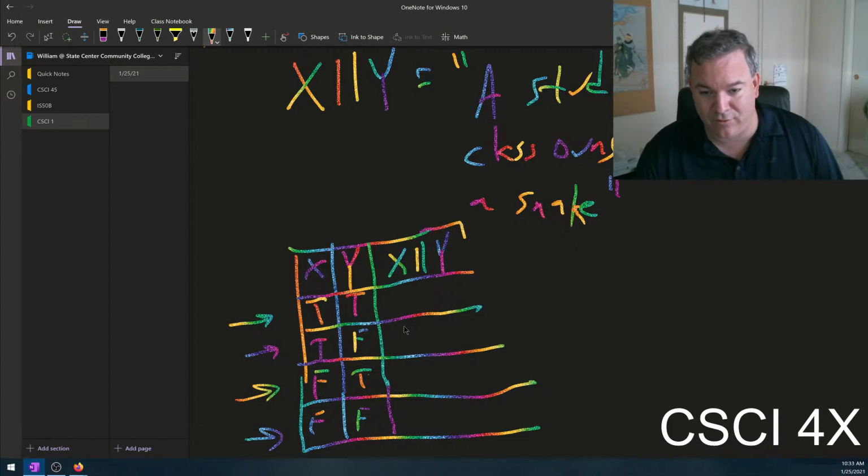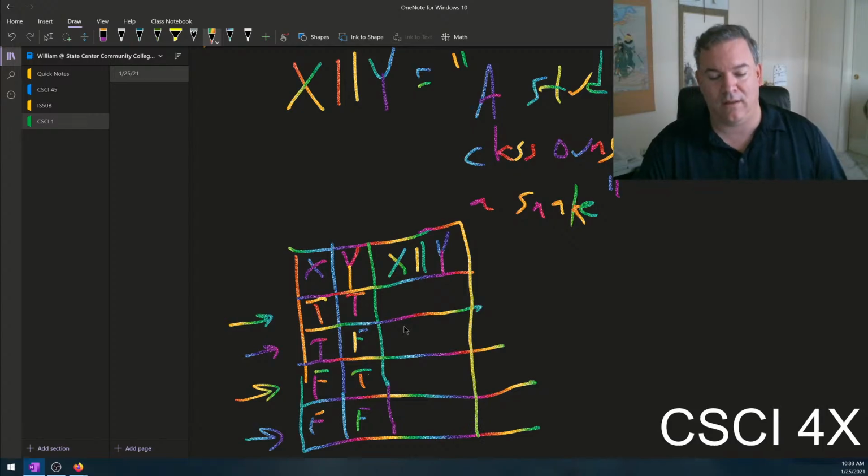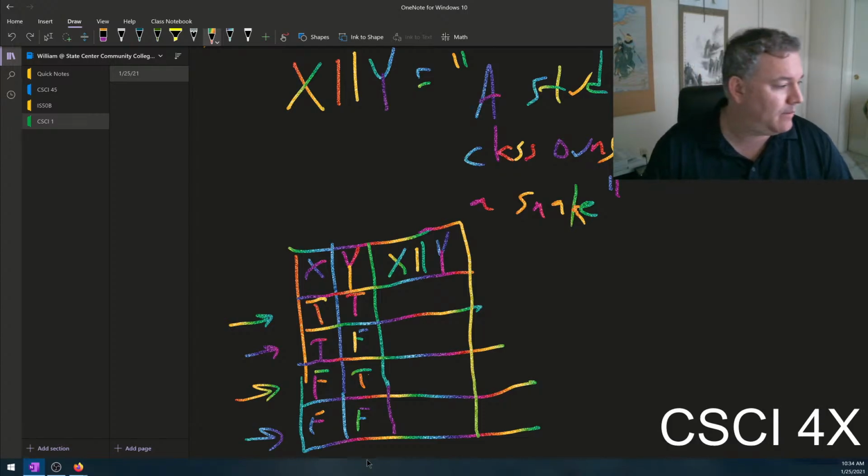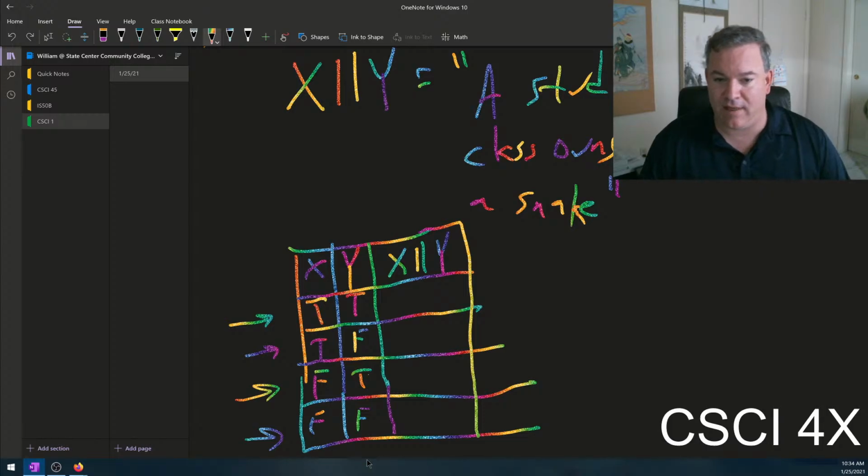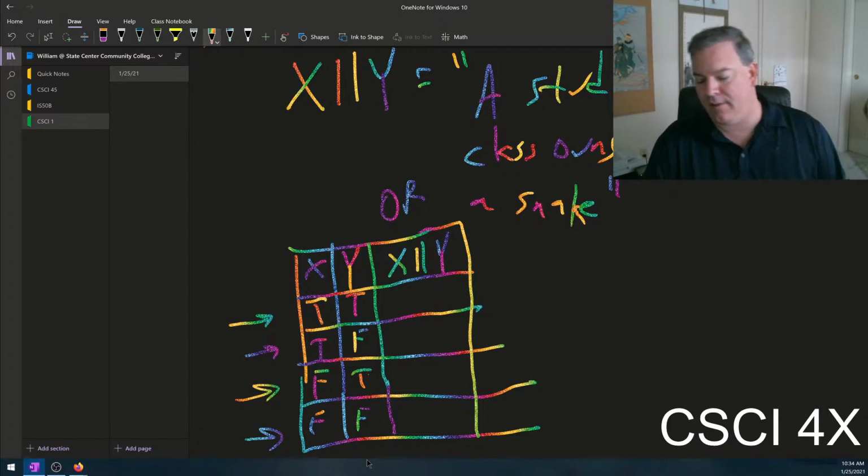That's how you start a truth table. You write down every possible combination, and then you figure out what the results would be for each combination of input. Okay. And so in this case, this is OR. The double vertical bars are OR in computer science terminology.